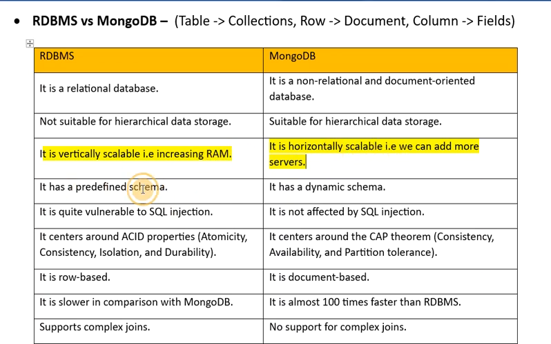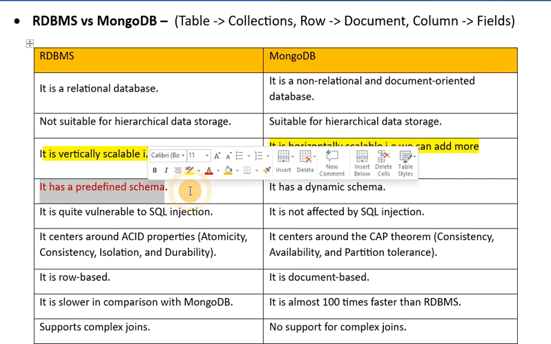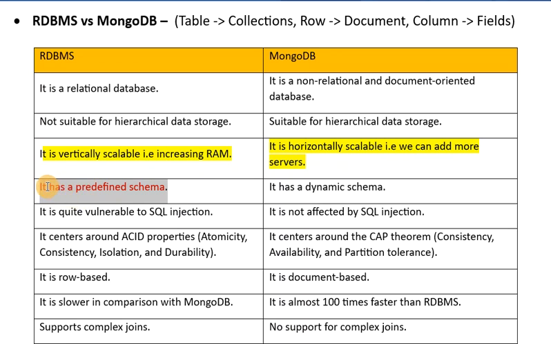Now let's see, it has a predefined schema. This is also one of the major points. It has a predefined schema. It means before storing the data, we need to define what kind of rows and what kind of columns we are going to have.